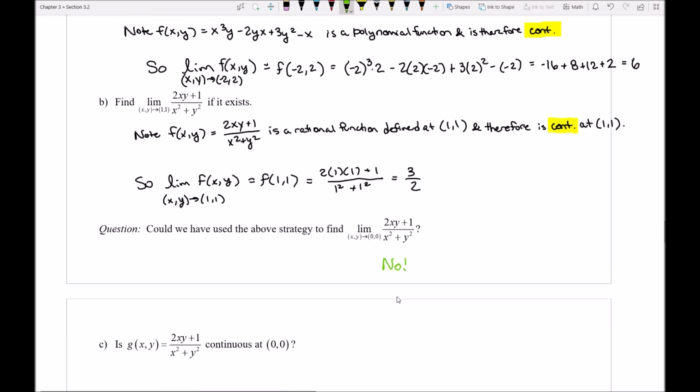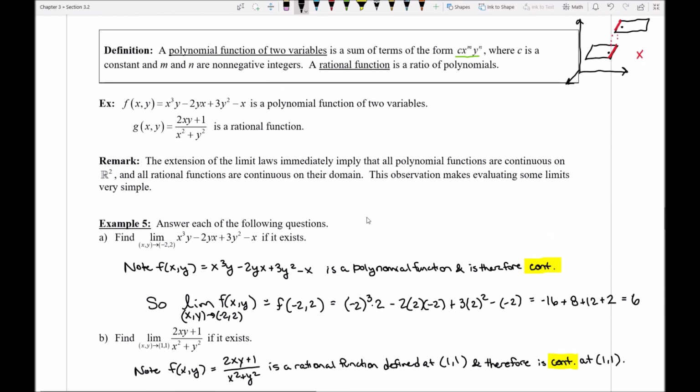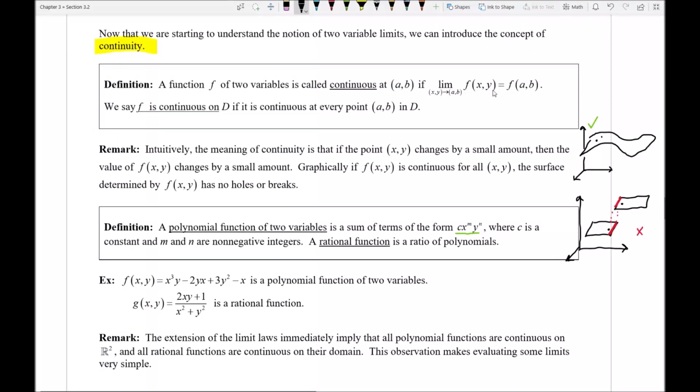Okay. Let's take a look here at part C. Is my function continuous at 0, 0? Okay, well, it seems like I can't plug in 0, 0 to evaluate the limit, but let's see maybe what happens if I try to justify if this function is continuous. So remember that in order to show that a function is continuous at 0, 0, or at any point, you would have to show that the limit comes out equal to the z value.